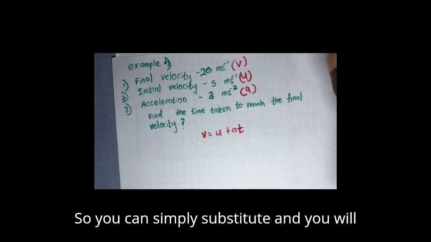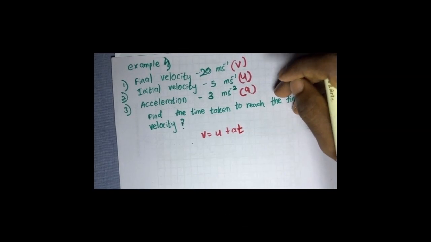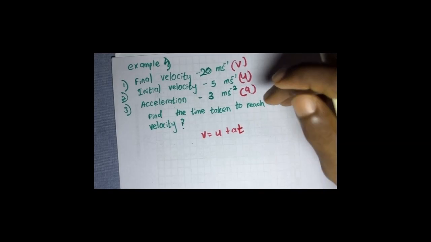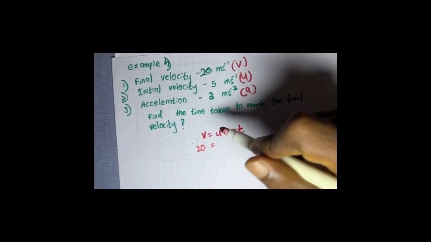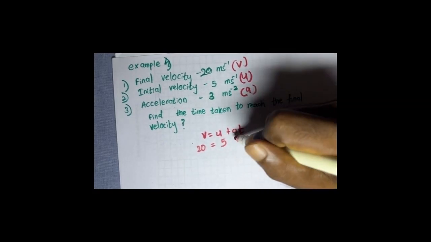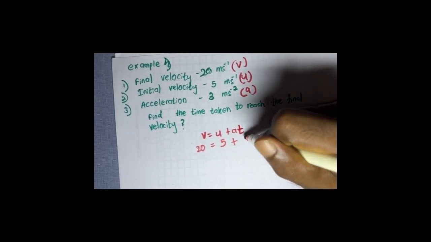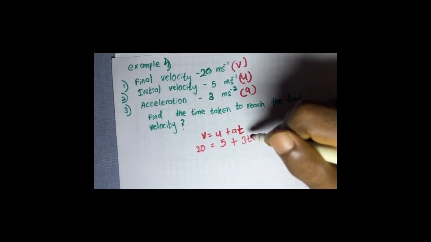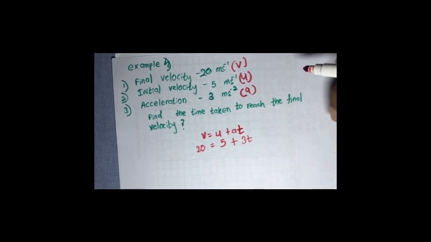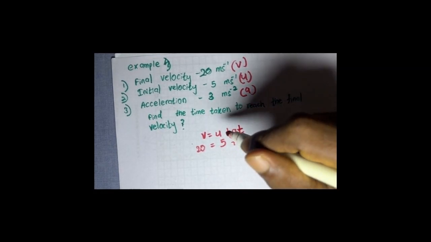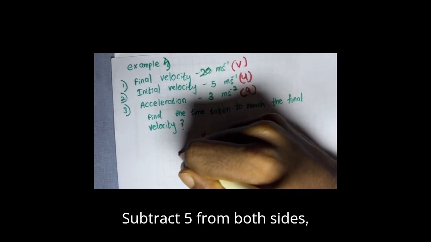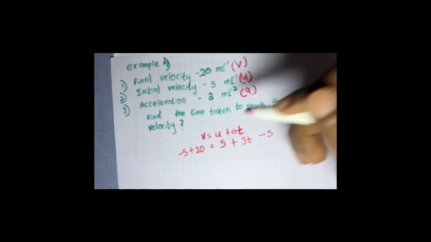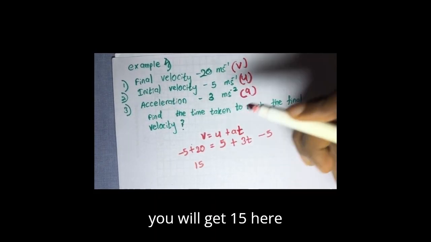So you can simply substitute and you will get the answer. Subtract 5 from both sides. We'll get 15.